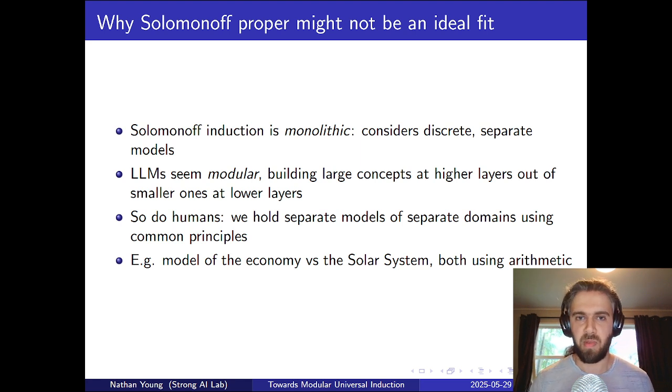You can think of a lot of other domains where arithmetic is useful, where you don't want to start from scratch and make a new monolithic model just for understanding some new domain. Obviously, that would be intractable.